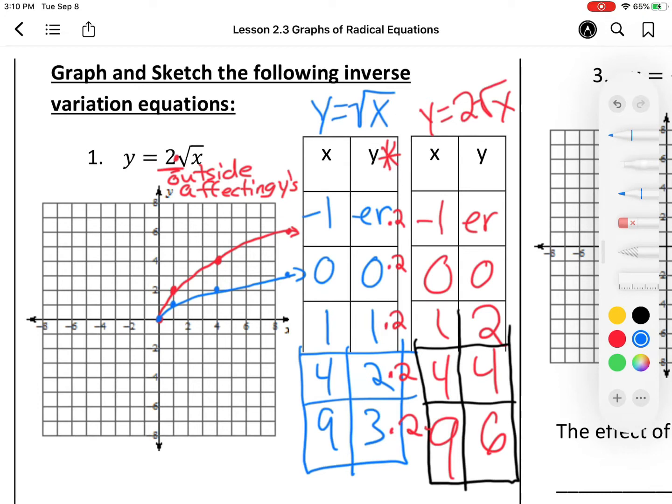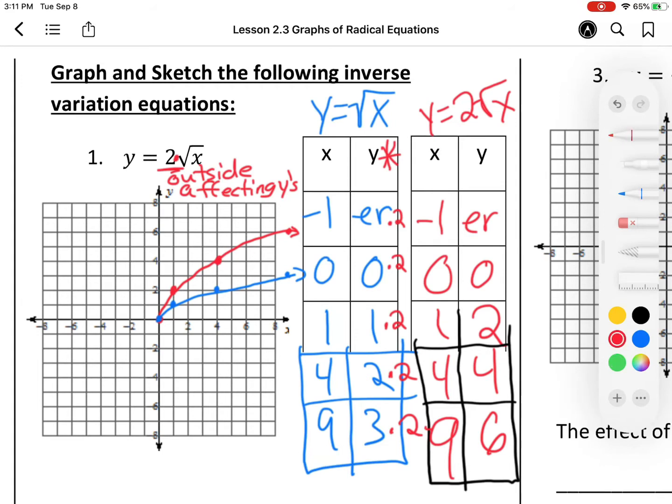So if we have an A that is greater than 1, it's going to get wider. That curve is going to get wider. If our A is less than 1, it's going to get skinnier. It's going to get closer to that x-axis.